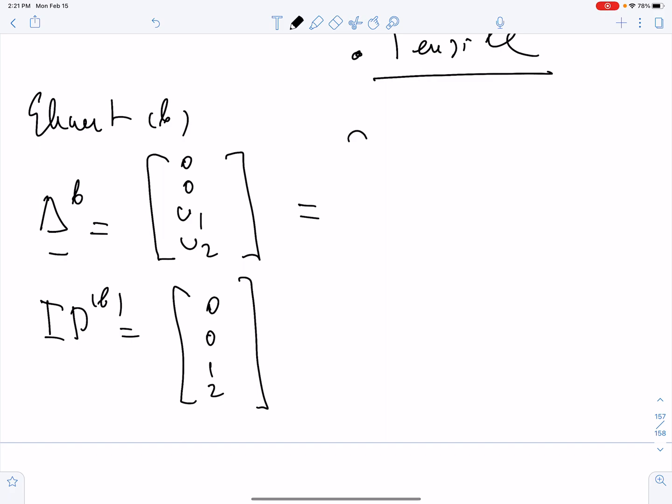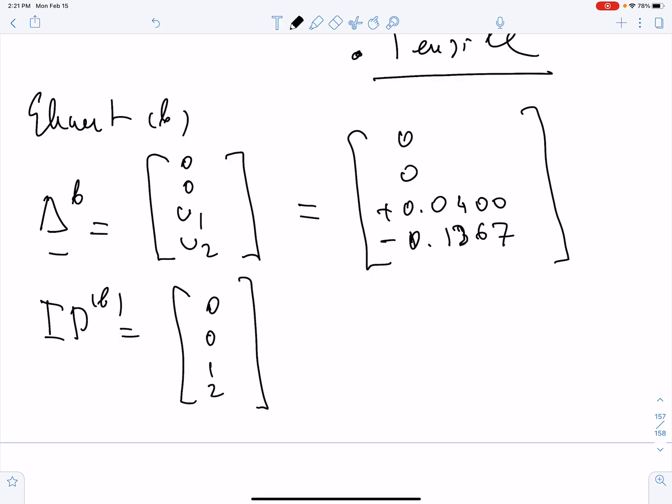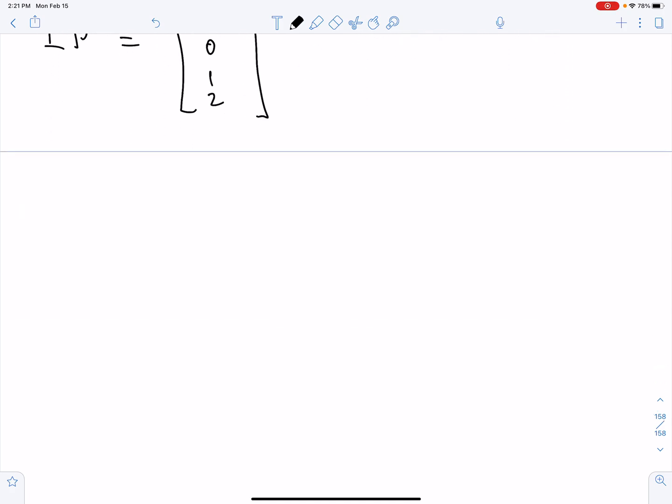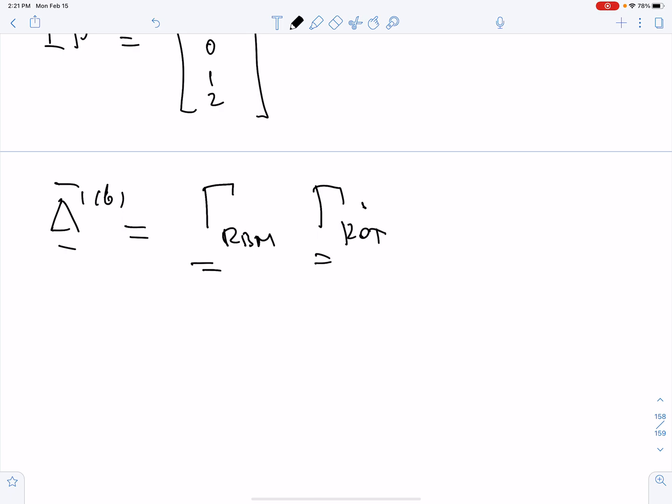And in terms of numbers, you get 0, 0, plus 0.0400, minus 0.1367, like this. So you get the basic displacement again, gamma RBM, gamma ROT B times delta B.